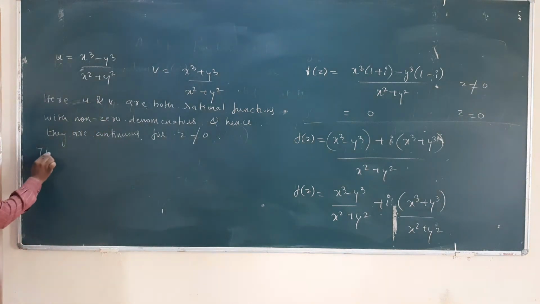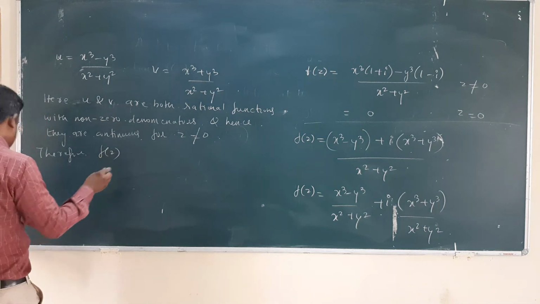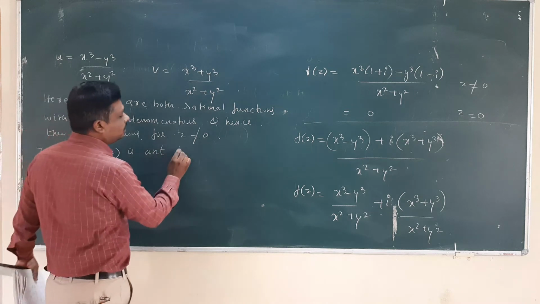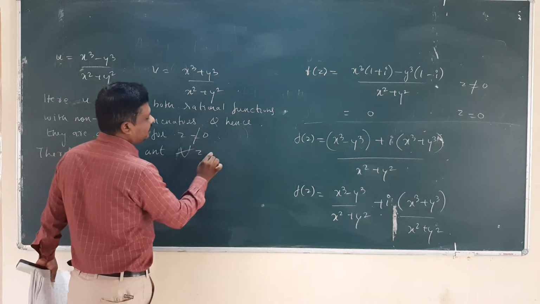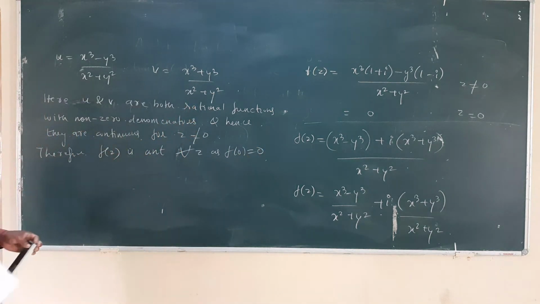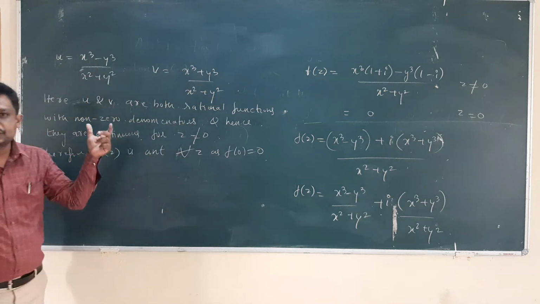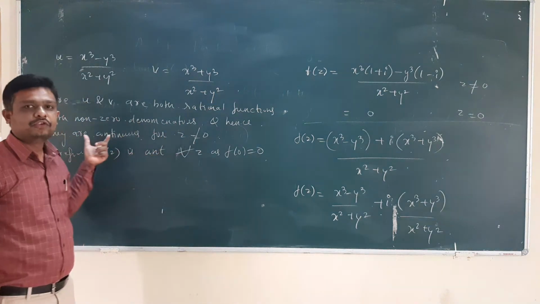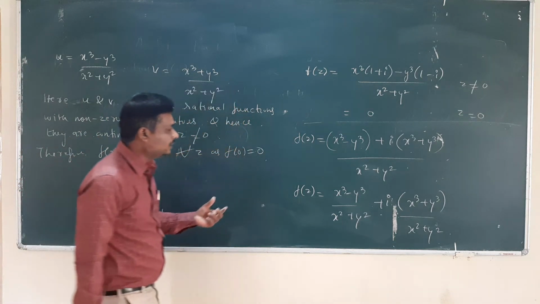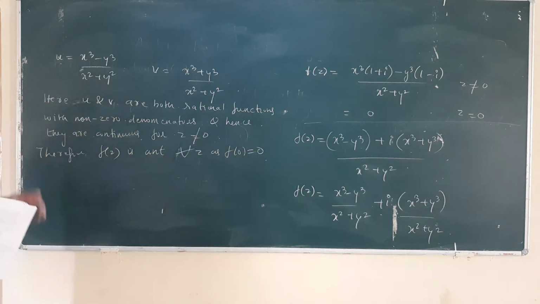Therefore f of z is continuous for all z, as given f of 0 is equal to 0. So once again, both u and v are rational functions with non-zero denominator. Therefore the function is continuous for z not equal to 0, and already in the given problem the value of f of 0 is 0.